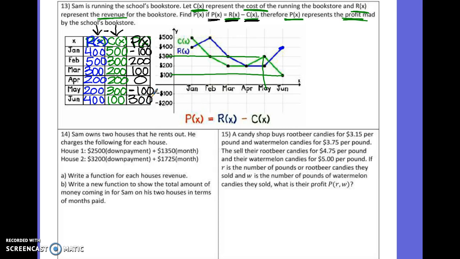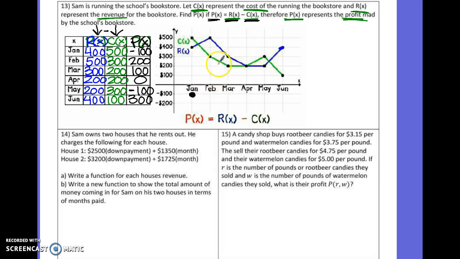So notice the profit, or the amount of money coming in at the very end, it sometimes is negative because sometimes the costs are more than the money being brought in. So we're going to graph this here. So January is negative 100.